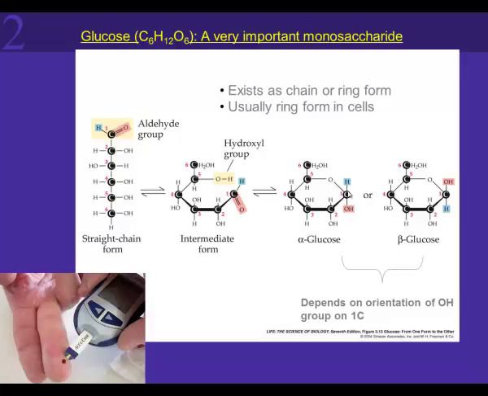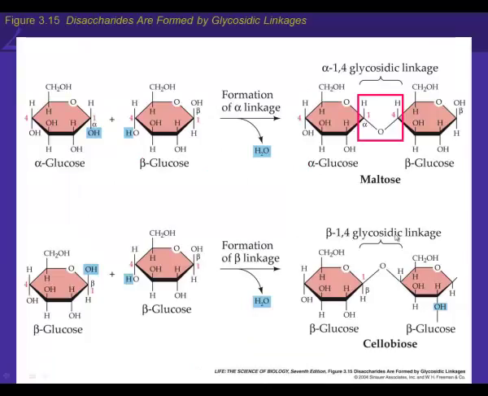If the hydrogen atom is sticking straight up on the first carbon, that's called alpha glucose. If the hydrogen atom is pointing the opposite direction, it's called beta glucose. In terms of forming polymers of carbohydrates, which we call polysaccharides, it is often glucose monomers that are involved.